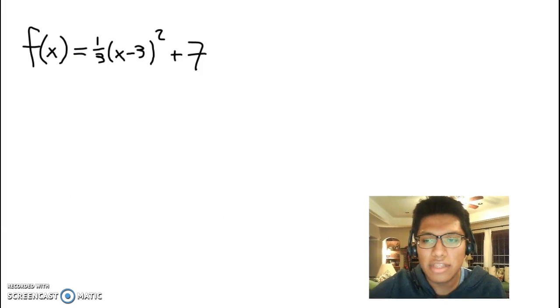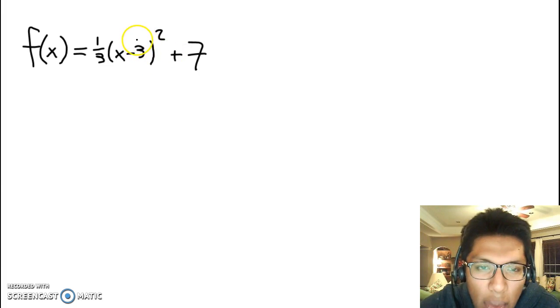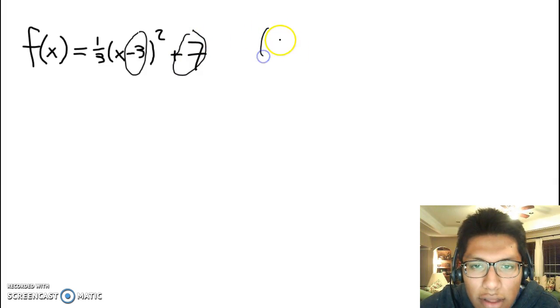So here we're going to put that skill to use, and here this equation is in vertex form. And we know that the vertex form gives us the vertex with these right here. So 3 and 7 is going to be the vertex.